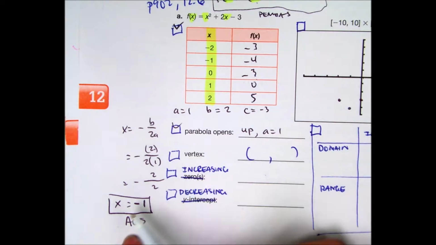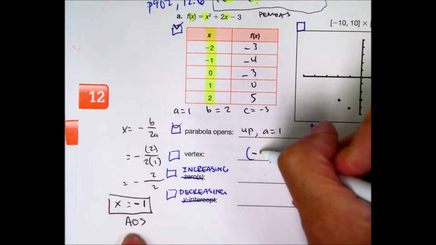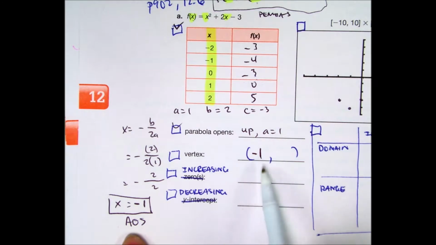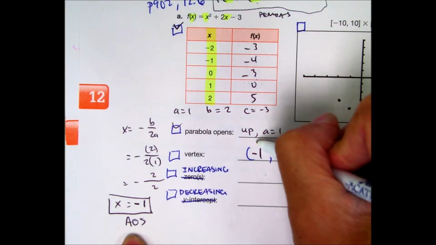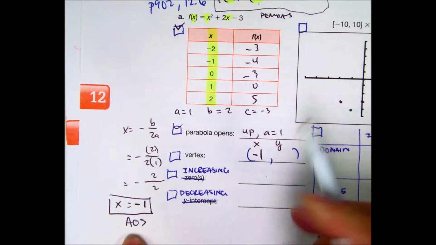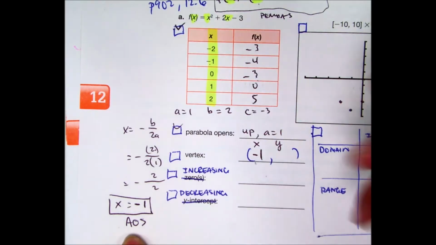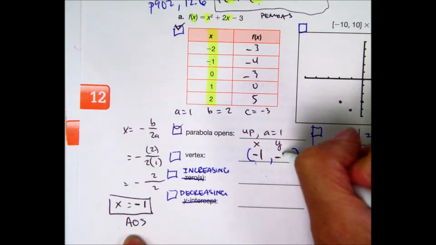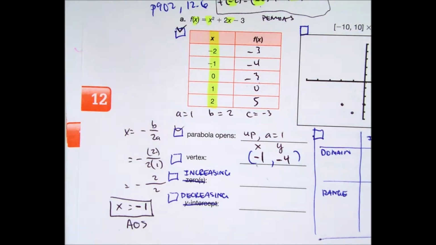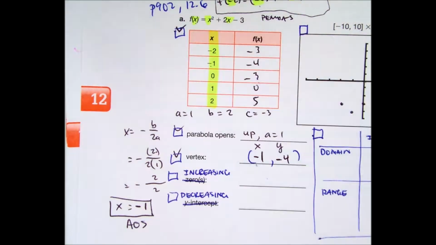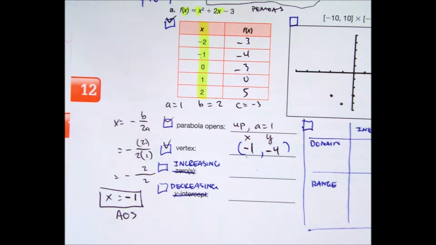To find your vertex, well, this is your x value. Oh, look at that. Do we already have an x value that's -1, class? Yeah, what's our y value? -4. Put a check mark by it. Okay, let's get our graph.